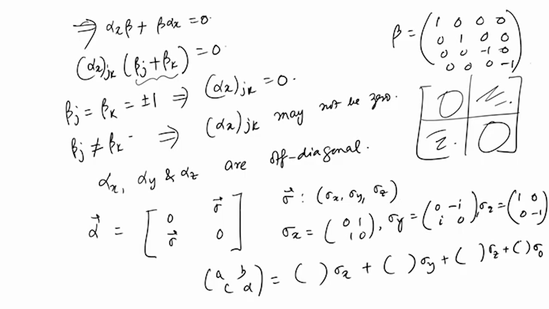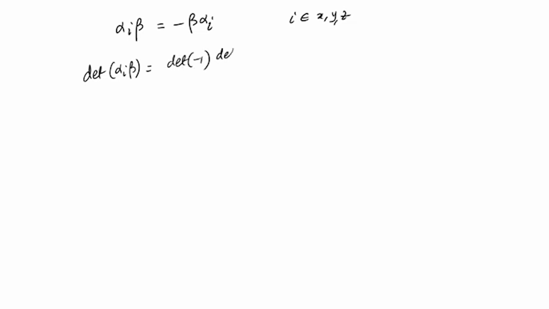Okay. So, let me give you another proof which is probably even more mathematically sound. We start with this anti-commutation relation, alpha i beta equal to minus beta alpha i, where i is x, y and z. If I take the determinant of both sides, the determinant of alpha i beta is equal to the determinant of minus 1 times the determinant of beta alpha i.